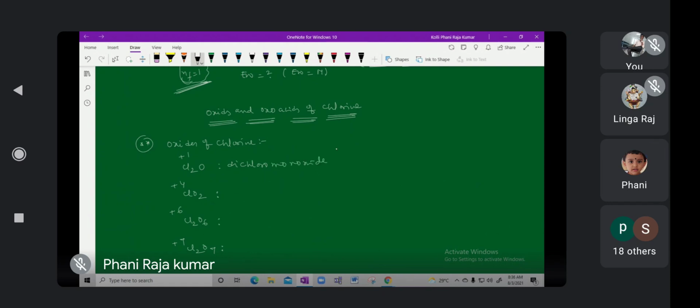Dichloromonoxide, chlorine dioxide, dichlorohexoxide, dichloroheptoxide. Cl2O is a yellowish brown colored gas.